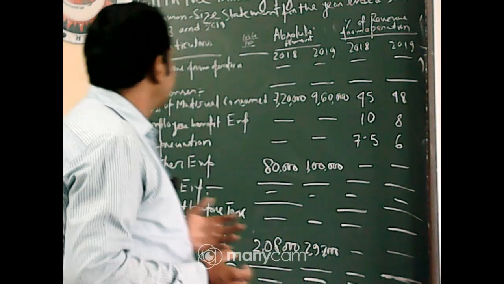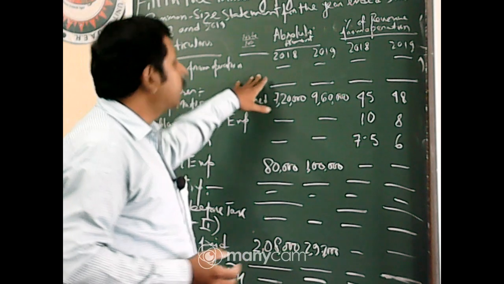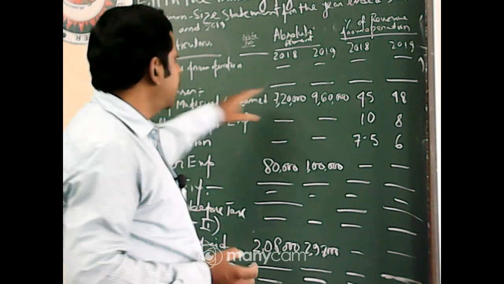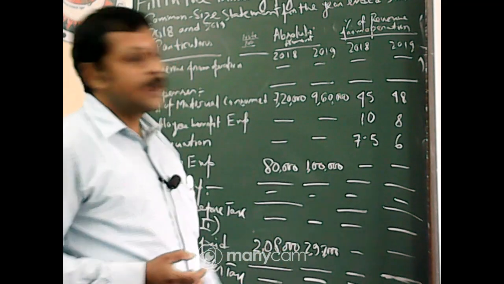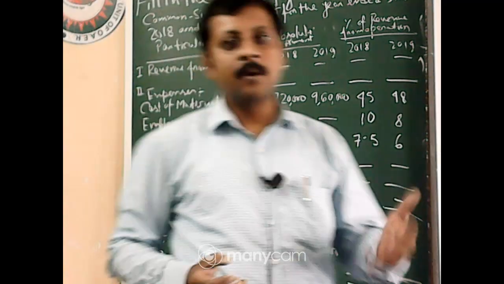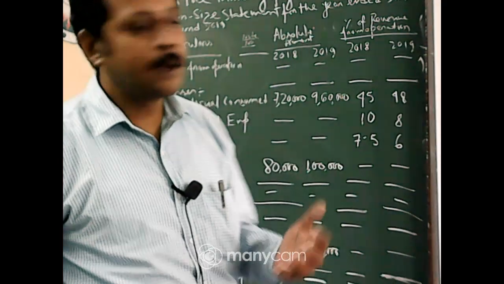Because if you reveal the amount of revenue from operation, then all other figures you can easily figure out, because they are based on it.